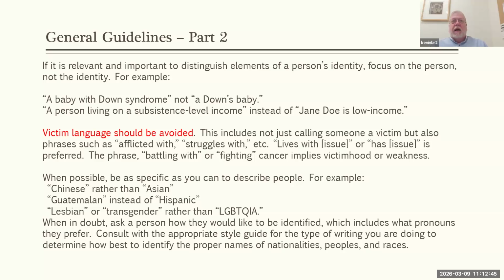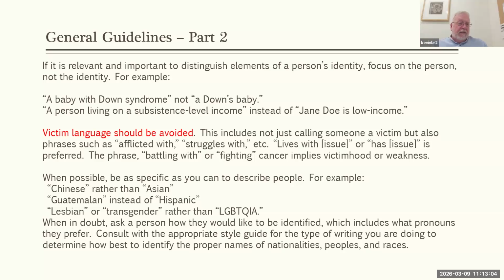Usually, a person who has passed from cancer, you will see that often in memorials or in notes of sympathy, battling with or fighting cancer. So it's fairly common, but try to avoid using that.